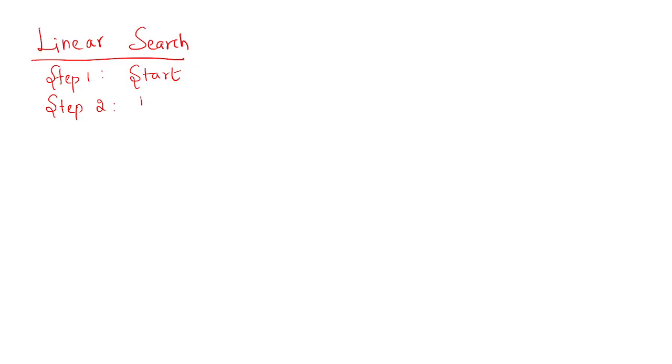So I'll say: input the number of elements in the list. I will store that in N, that is, the total number of elements in the list is capital N.